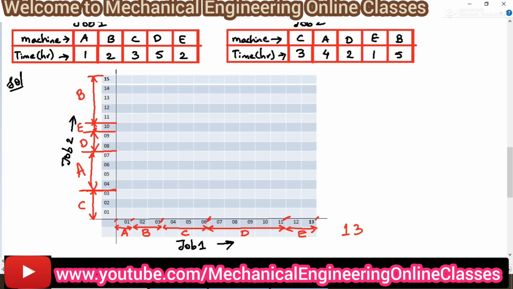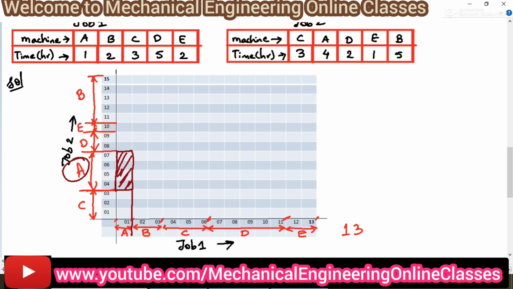Now let us draw the regions on the graph where a machine is on duty. For example, let us see which area A is blocked with. We are extending this A here, and from here also we are extending A. So this is the area where machine A is fully occupied.